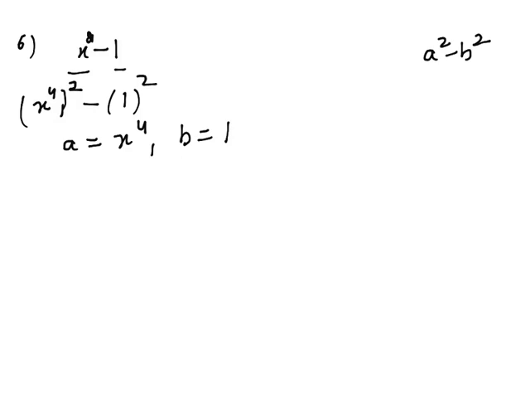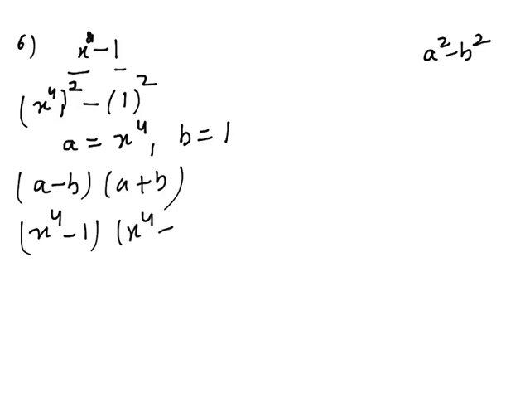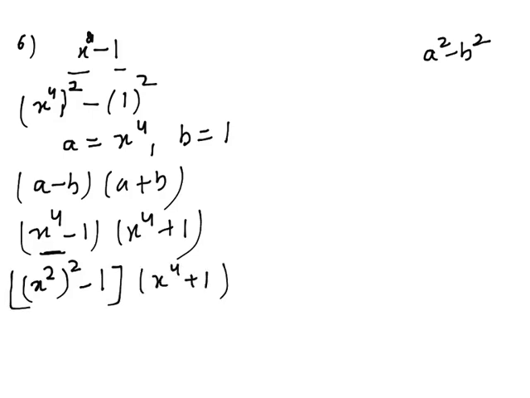So we can write it like (a minus b)(a plus b). So we will replace the value of a and b. Here we will get (x raised to the power 4 minus 1)(x raised to the power 4 plus 1). Further, to this also we can write it like (x square) raised to the power 2 minus 1. And here it will be x raised to the power 4 plus 1.